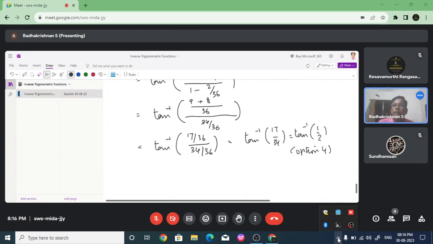Okay. So what is next? Problem number 11. f of x equal to sin inverse of x square minus 3. Then find the range of x, or the domain of this function.